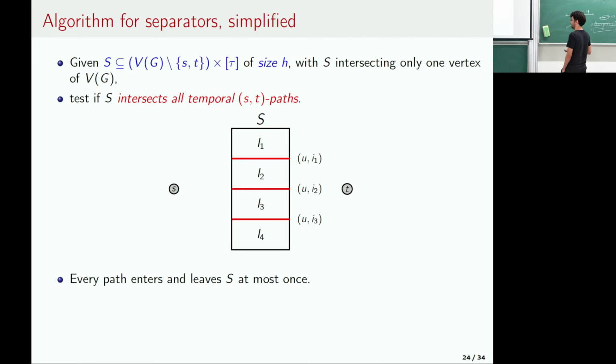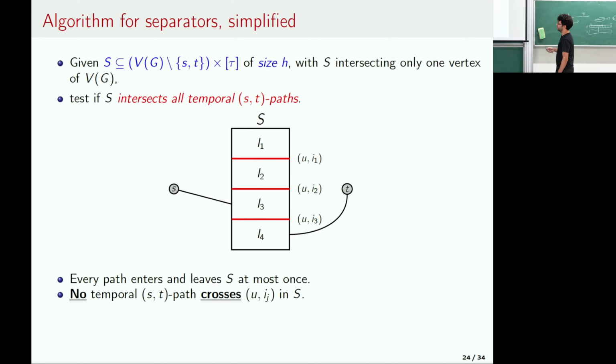Since I'm talking about paths, I know that every path will enter and leave S at most once, because S only has U, and it cannot enter and leave U, otherwise it would be a walk. And since S contains U at these times, I also know that I cannot get inside S in the interval of U between the time I2 and the time I3, and leave in the interval after the time I3, because this implies a wait.